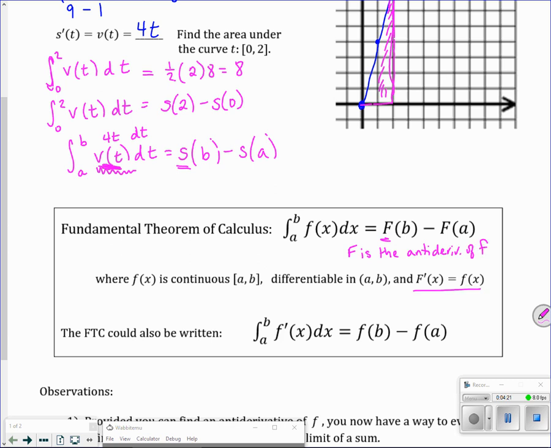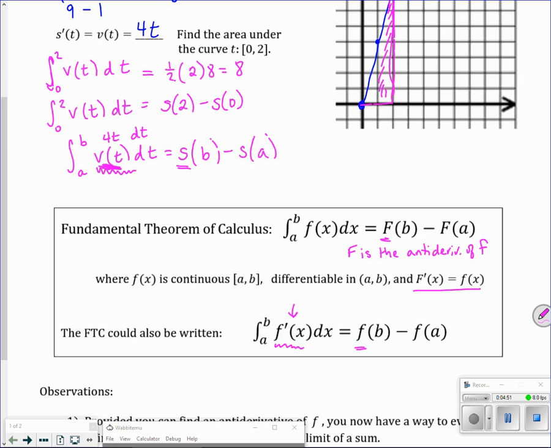That's what this says, right? But I can also write it like this, saying this is the derivative of whom? Well, of f. The trouble with writing it this way is that people say it doesn't say that it's the derivative. Well, it is the derivative of something, but it doesn't have to have that notation. So I just want you to see it two different ways.